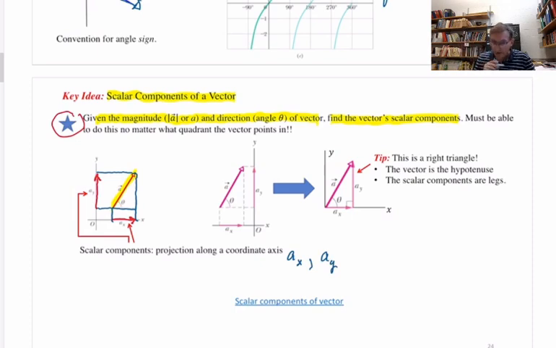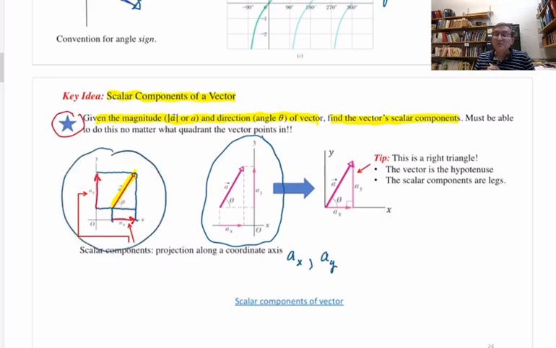Doesn't matter where you actually draw the arrows. So this picture here in the middle, although it looks very different from this picture on the left, is really no different at all, and shows the projections of the vector onto the x and y axes, and therefore the scalar components, a sub x and a sub y. And those components are the same in both pictures.